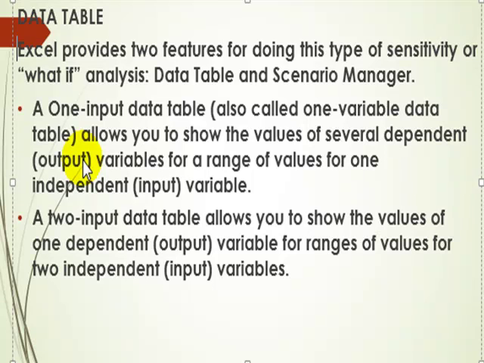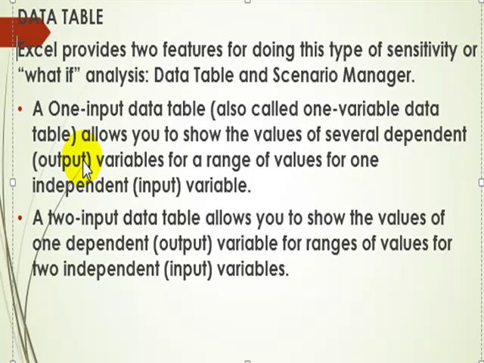On the other hand, the two input data table allows us to carry out analysis to see changes in the value of one output or dependent variable as a result of changes in the values of a set of two independent variables. Let's take an example again. We are interested in knowing the future value of a given sum of money.